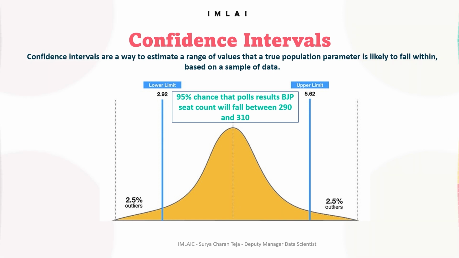So, confidence intervals are a way to estimate a range of values that a true population parameter is likely to fall within, based on a sample of data. Imagine you are trying to estimate the average height of all people in a country, but it's not feasible to measure everyone's height. Instead, you take a random sample of people and measure their heights.